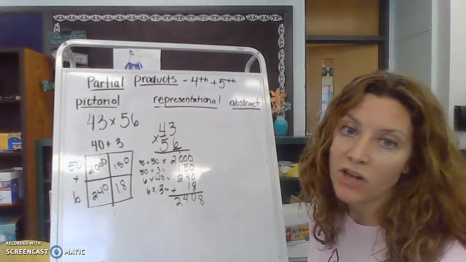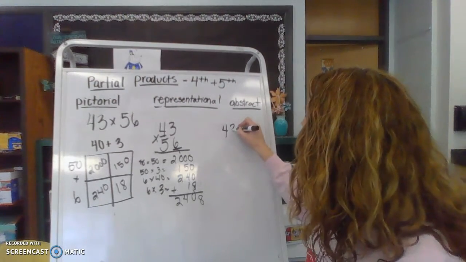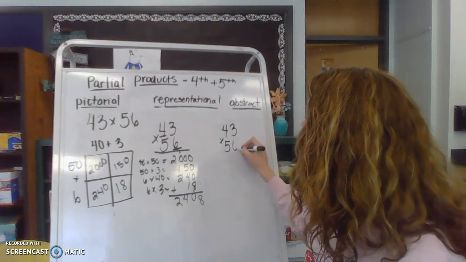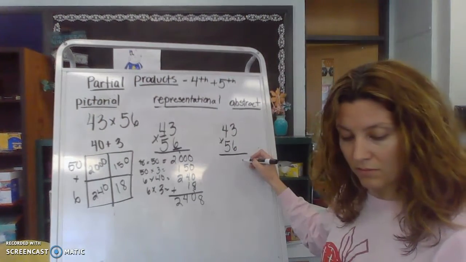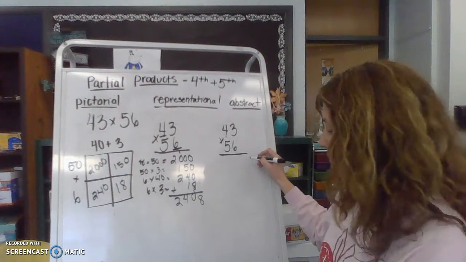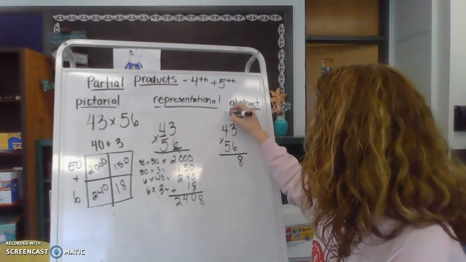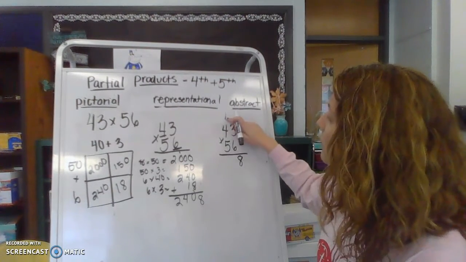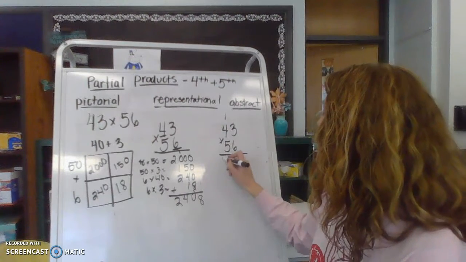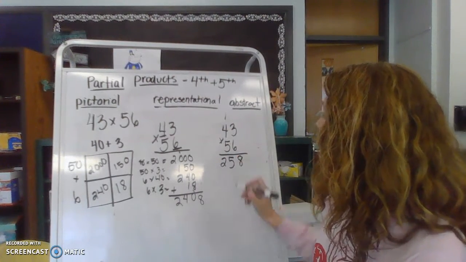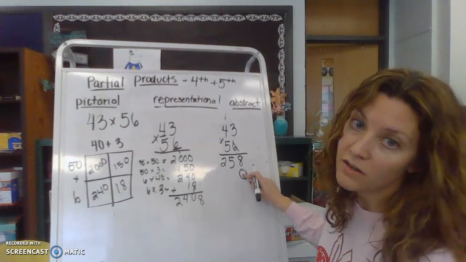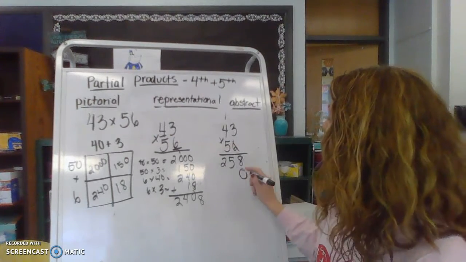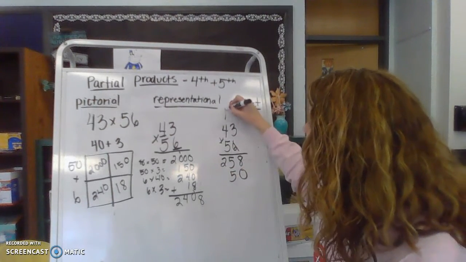And then finally, when students have a good understanding of partial products and are able to write that representationally, then we move to the abstract traditional method of 43 times 56, where students are multiplying the ones, 6 times 4 plus one more 10 would give us 24, 25. And then they move to the tens place, putting their placeholder. 5 times 3 would be 15.